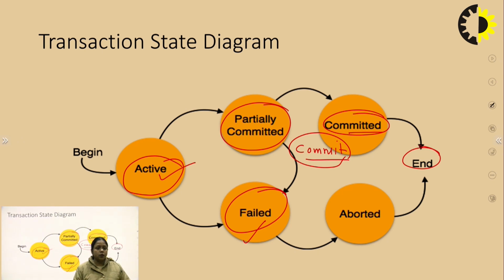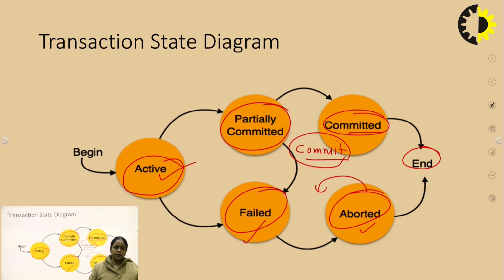To maintain atomicity in this case, we cannot accept partial completion of the transaction. So we have to move to the next state, which is known as the aborted state. In the aborted state, we have to roll back the transaction.